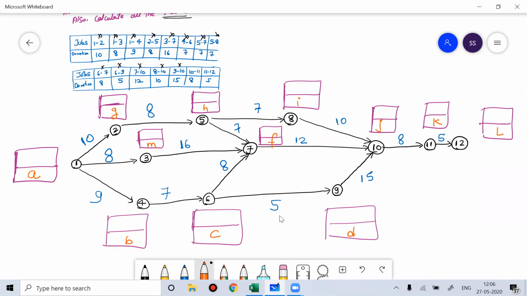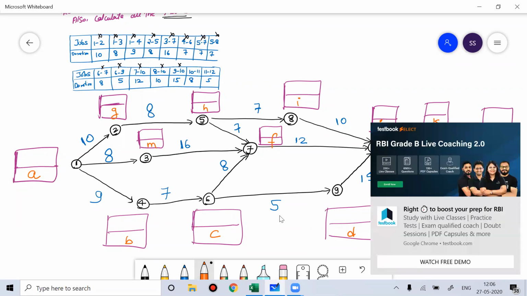In the top part we fill the latest finish time, and in the bottom part we fill the earliest start time. So in order to solve the question, first I'll fill the bottom part of the data.